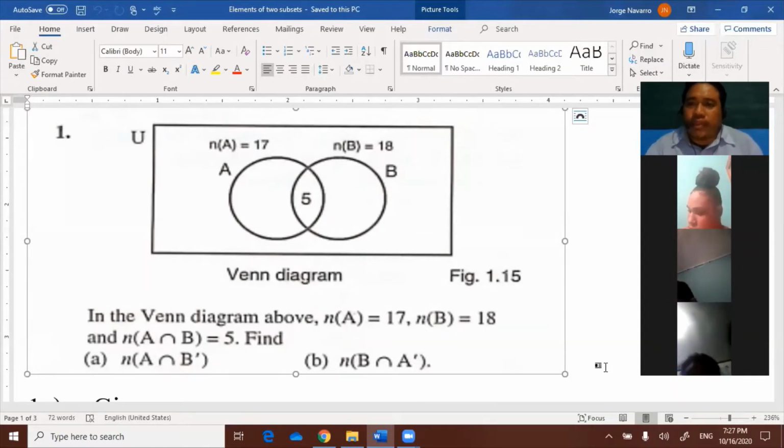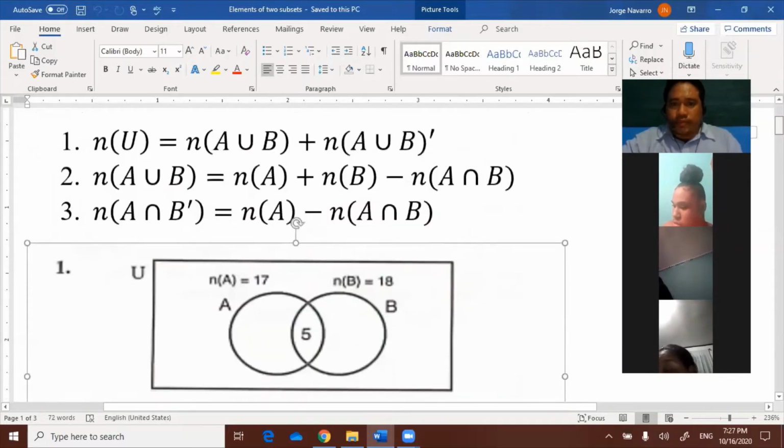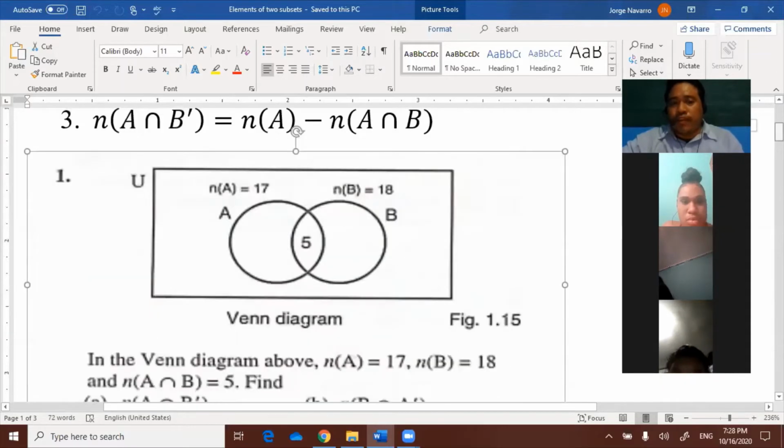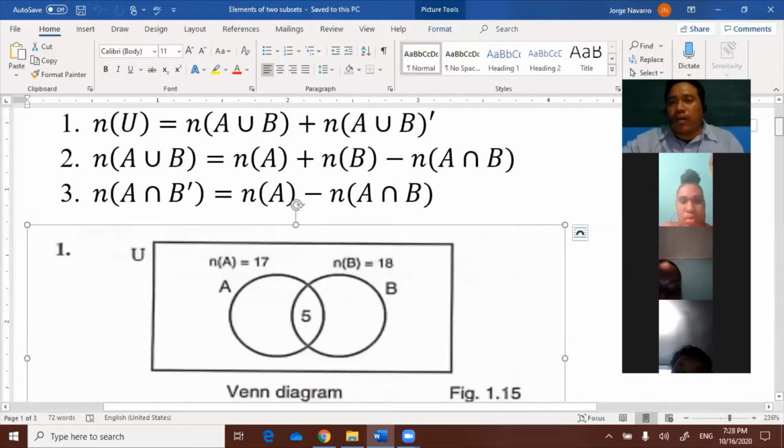Find A, the number in A intersect B complement, and B, the number in B intersect A complement. Now, if we look at the formulas, it is obvious that it is the third formula, because A says number in A intersect B complement, and that's exactly how the third formula starts. So that is what we are going to be doing.